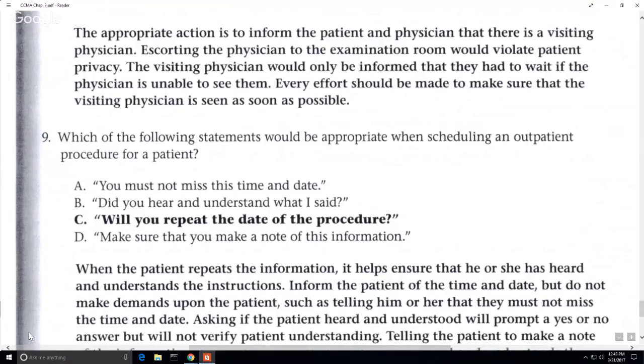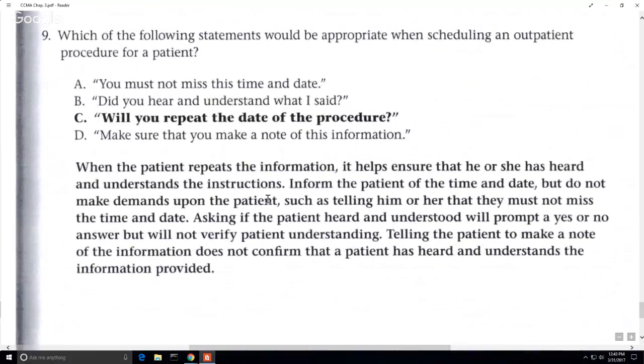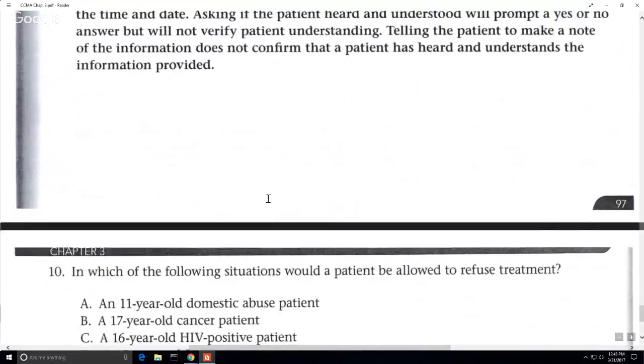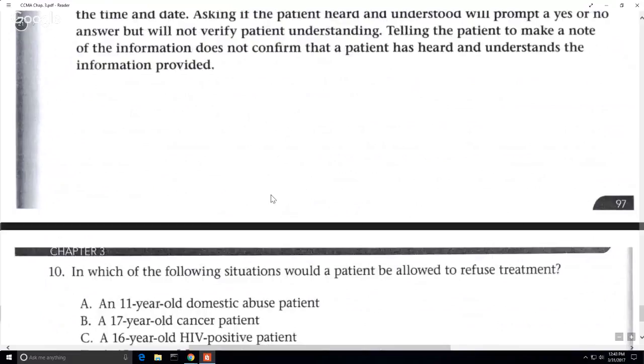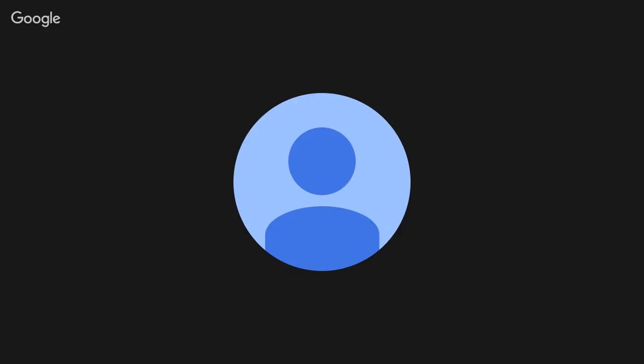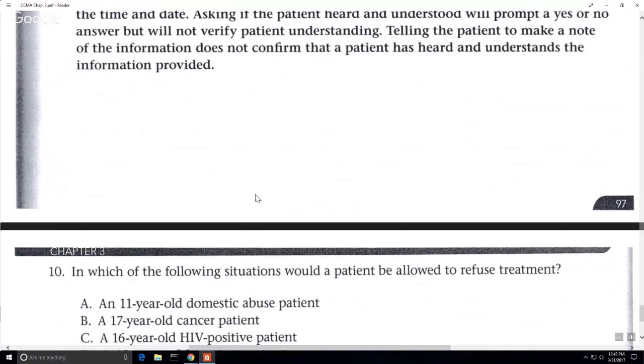Right. Which of the following statements would be appropriate when scheduling an outpatient procedure for a patient? It's between B and C. Let's see.